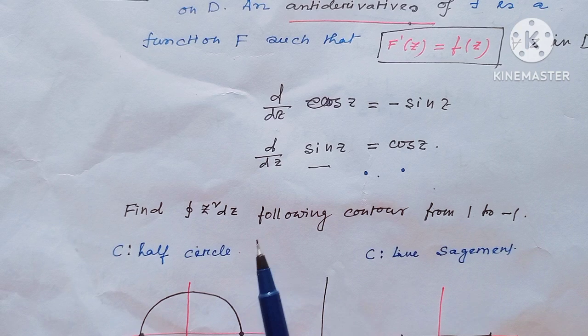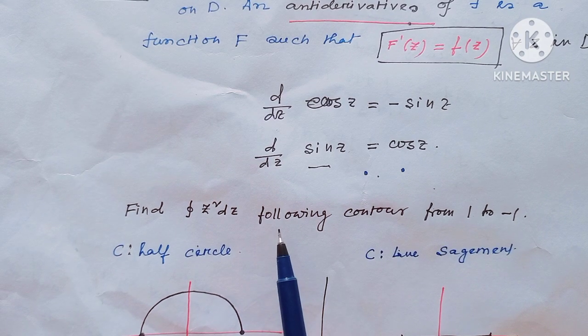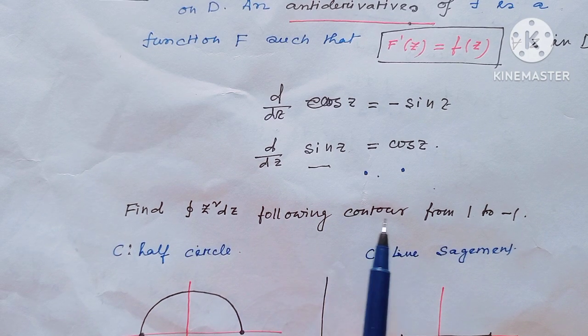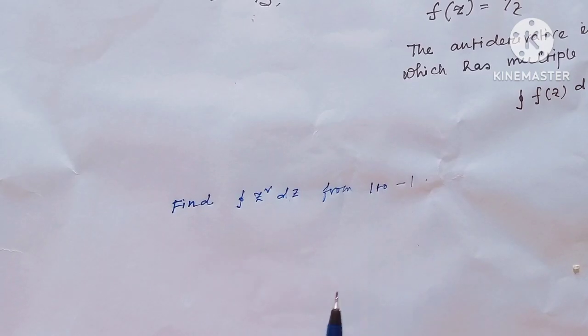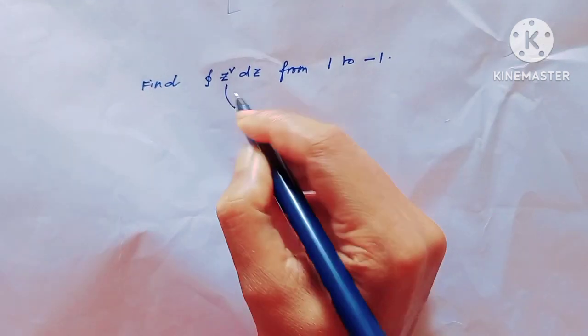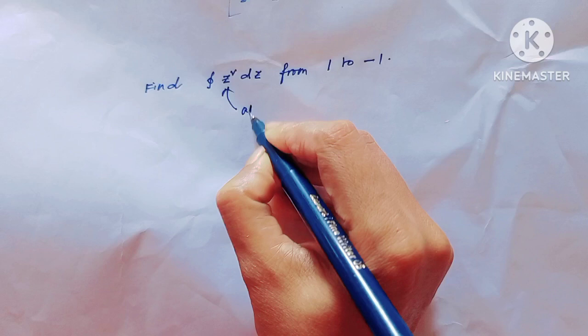Now I will see what is the integration of z square dz along the following contour from 1 to minus 1. Z square is analytic.